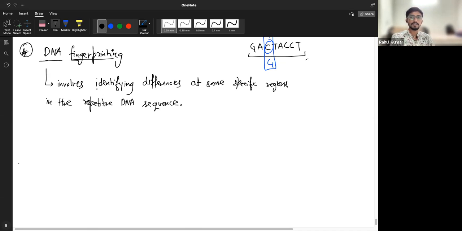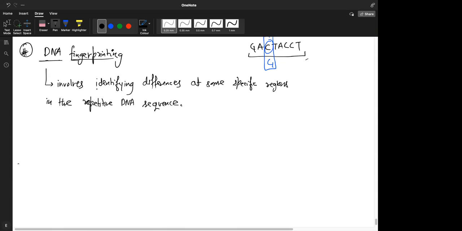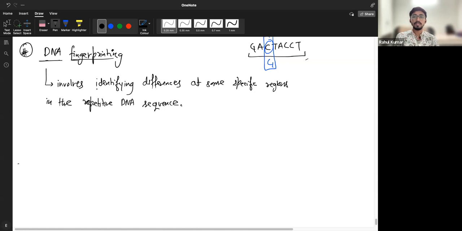You can just look at this localized region which is more vulnerable to polymorphism. Then you see that if one individual has this polymorphism and the other has a different sequence there, then the two samples belong to two different individuals.